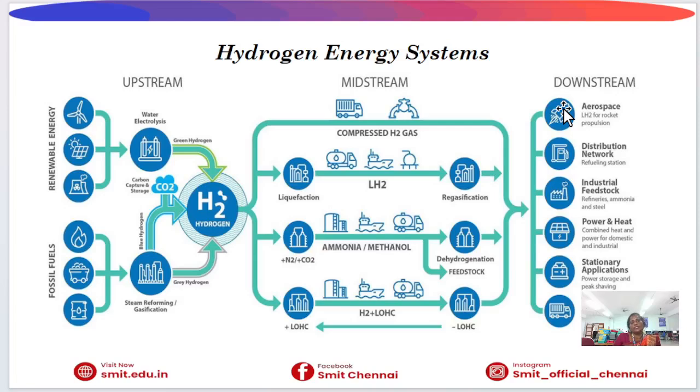Here the hydrogen is used in aerospace, refueling stations, industries, power and heat generation, stationary storage and transportation, that is cars, buses, trains, ships and aircraft. This diagram shows how hydrogen is produced in the upstream stage, stored and transported in the midstream stage, and finally used in different sectors in the downstream stage.